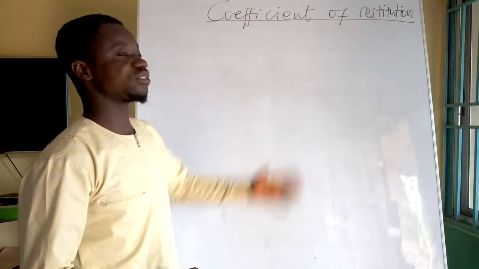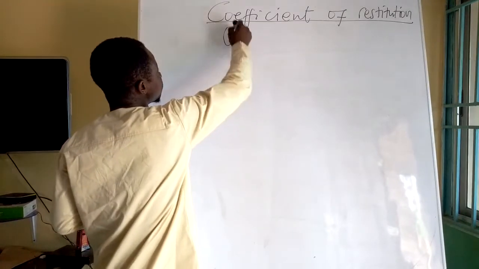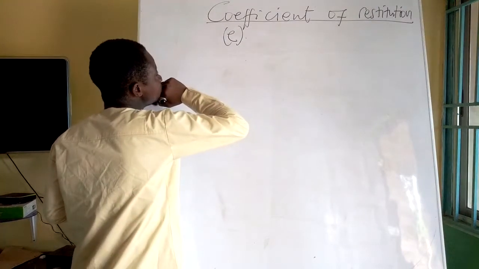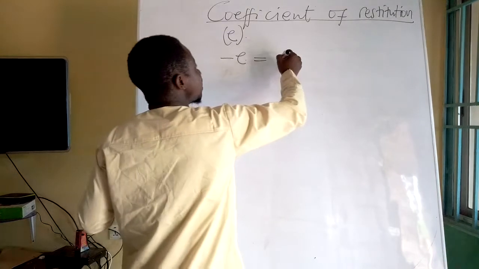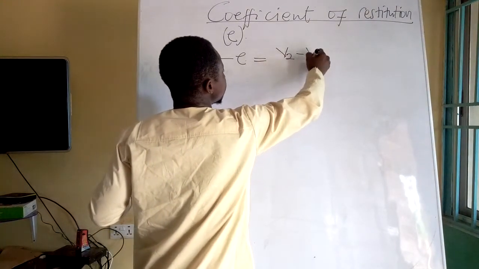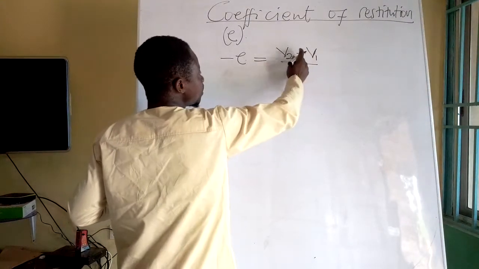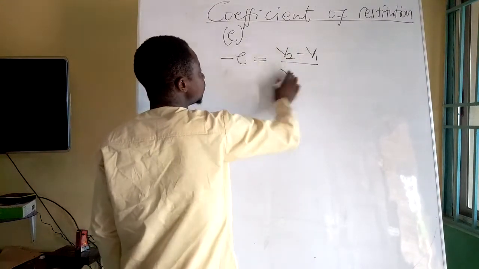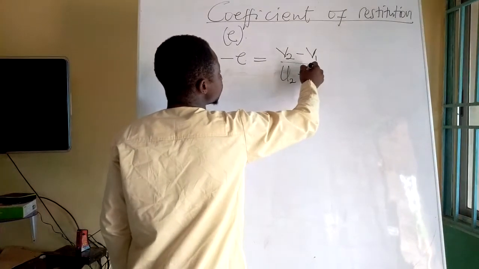So when we say coefficient of restitution, what do we mean by that? The symbol for coefficient of restitution is E, and it is defined as the ratio of the velocity of separation to the velocity of approach.